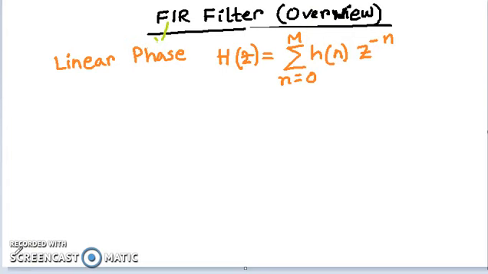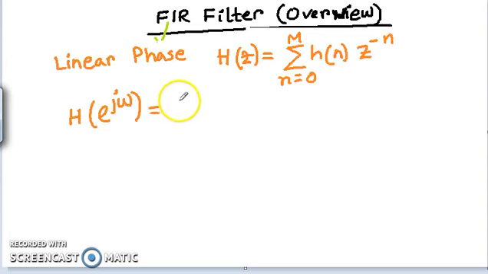Now, if we think of the impulse response, the Fourier transform of that impulse response h(n) will be H(e to the power j omega).